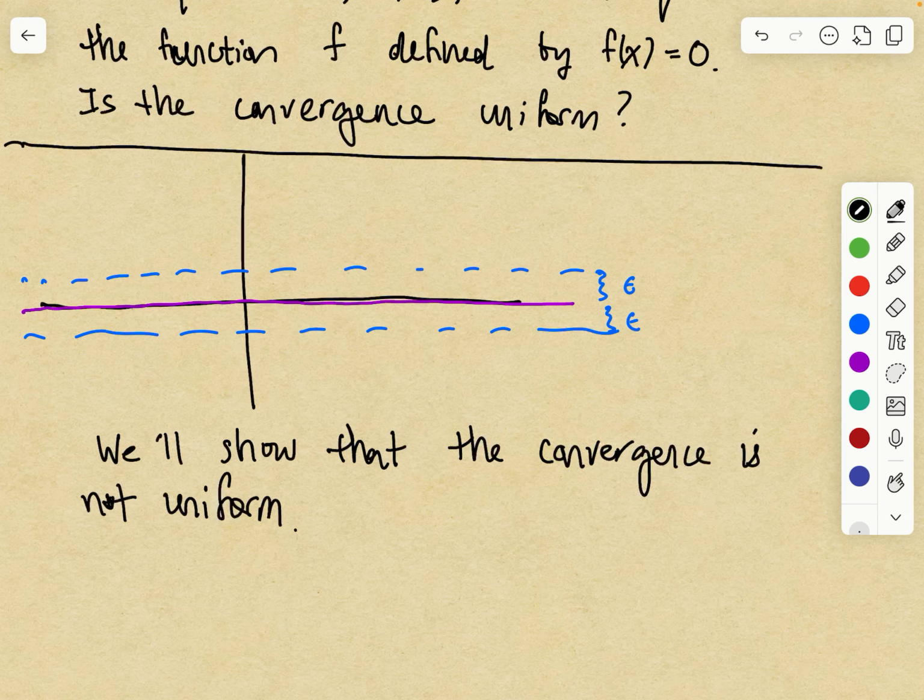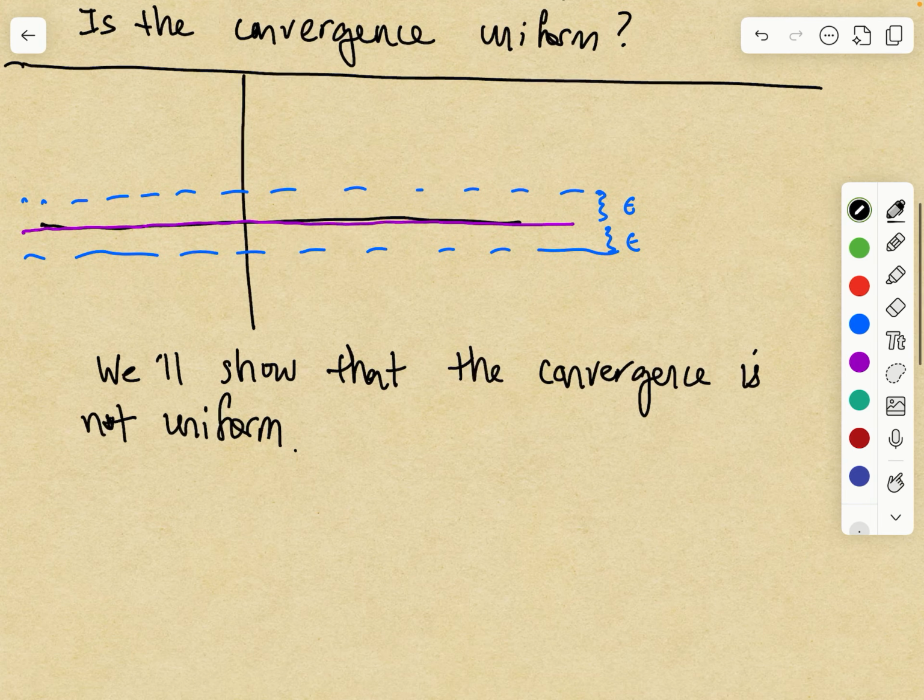And often for proving that a sequence doesn't converge uniformly, it helps to use a proof by contradiction. You don't have to, you can always arrange it so that it's a direct proof, but psychologically it's just easier if you try to prove it by contradiction.